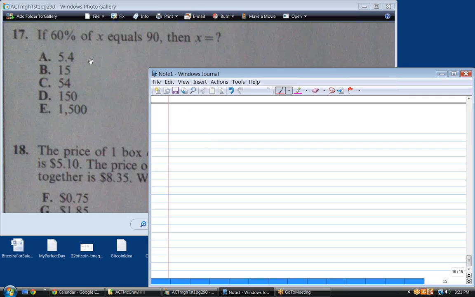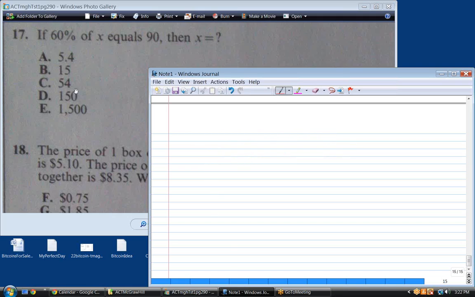So 60% translates to what if I'm going to write it in an equation? 0.6. The of always means times. That's multiplication. So 0.6x equals 90. Now solve that on your calculator. $150. Right. So easy enough.